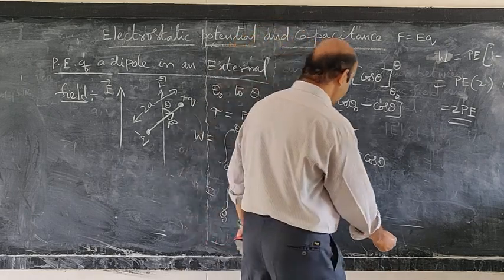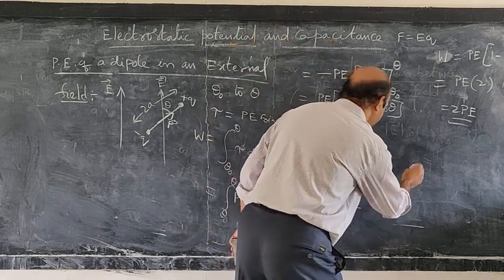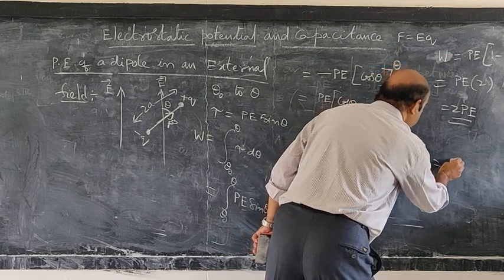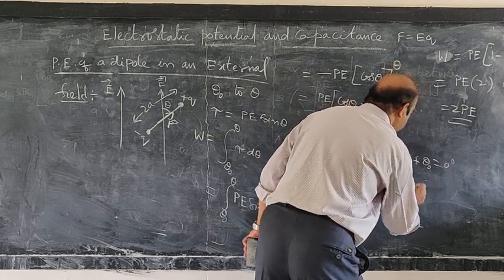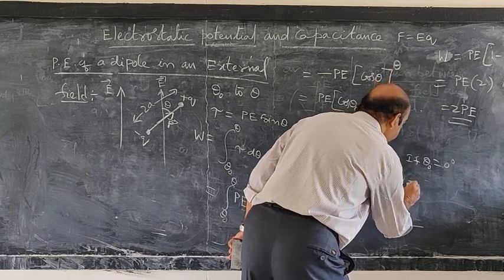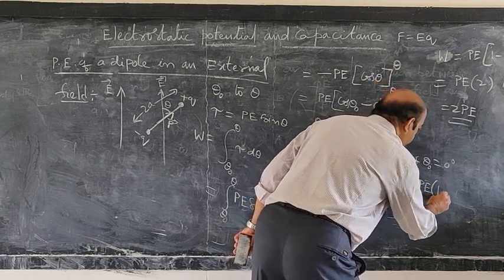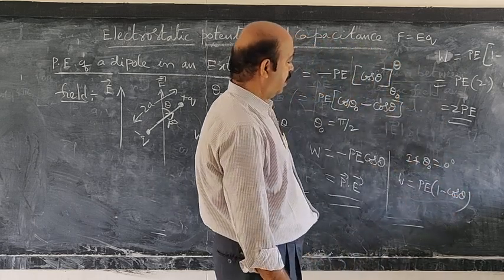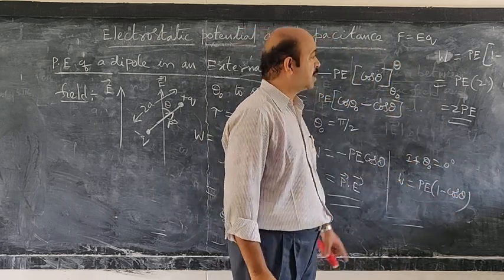So if the initial position is theta equal to 0 degrees, then W is equal to PE into 1 minus cos theta.